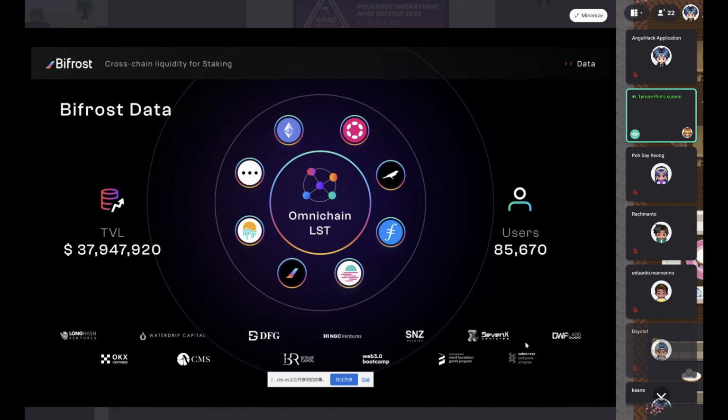By the way, vDOT and vKSM are native Kusama and Polkadot liquid staking via XCM staking to the Polkadot and Kusama relay chain. For Moonbeam and Moonriver, we built an HRMP channel with Moonbeam and Moonriver.